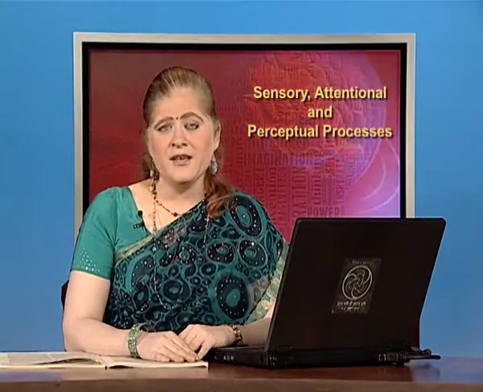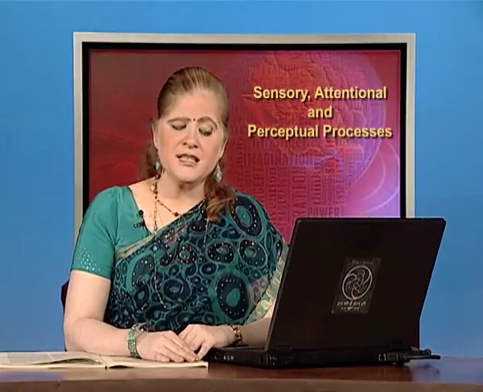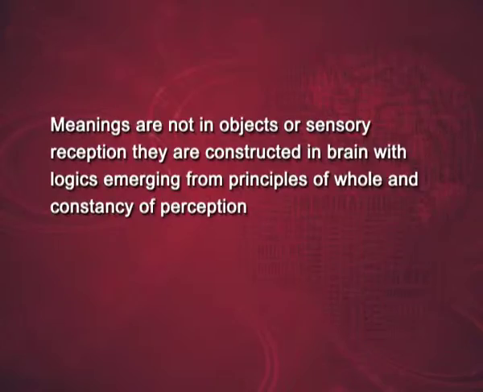With the little differences in shades, you might say that they change, but your brain will still tell you the correct hue. Friends, by now you are able to understand and appreciate the fact that meanings are not contained in objects or sensory reception. They are rather constructed in the brain with images emerging from principles of whole and with the help of constancies of perception.